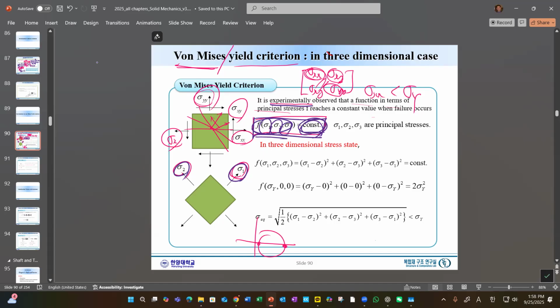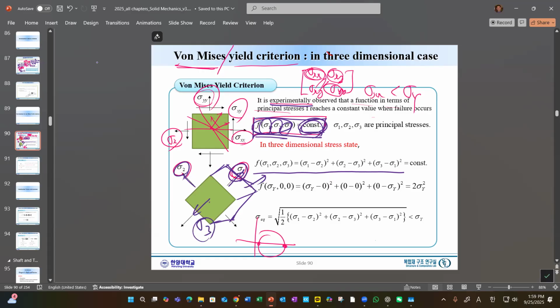And this formula, now they observe and propose this way. Sigma 1 minus sigma 2 squared, sigma 2 minus sigma 3, and sigma 3 minus sigma 1. Now we are actually studying, I'm trying to draw the three-dimensional state like this. So we do not only have this one, but we may find another one, which will be called sigma 3.